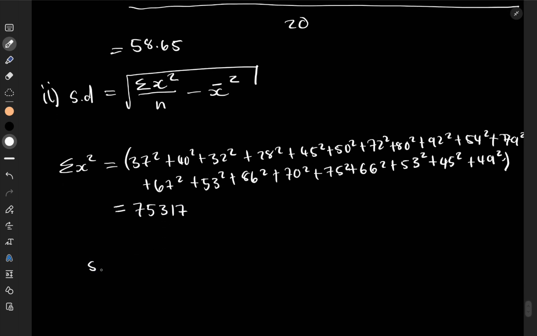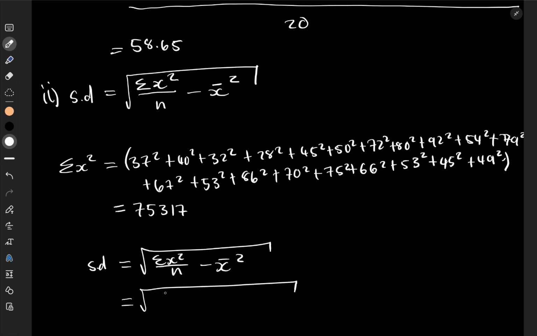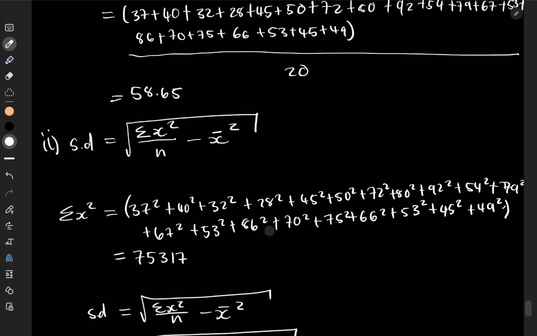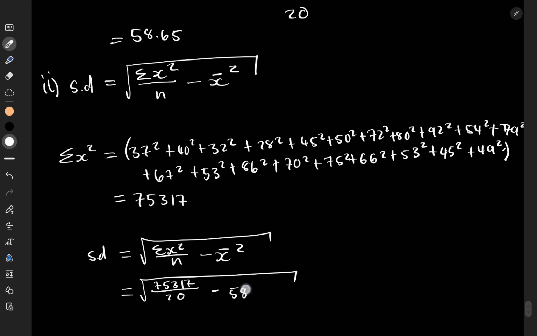Now I can say that the standard deviation is equal to the square root of the sum of x squared all over n, minus x bar squared. We've got it as 75,317 all over 20, minus the mean, which we've got as 58.65, so minus 58.65 all squared.